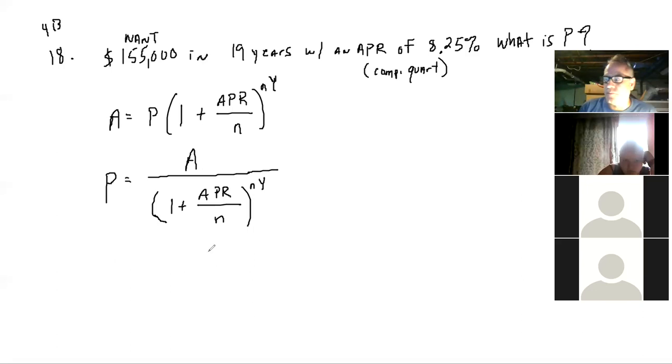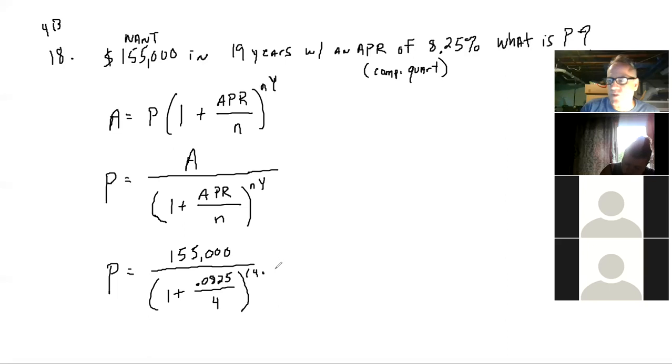I want my accumulated balance after 19 years, that is A, to be 155,000. Then it's 1 plus my APR, which in this problem was 8.25%, so that's 0.0825. We're compounding quarterly, so n is 4, to the power of 4 times 19 years.